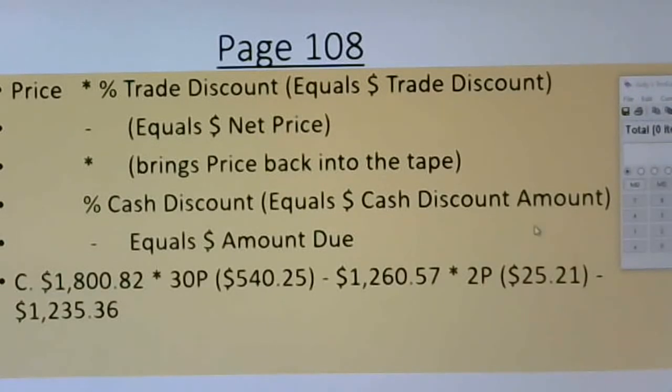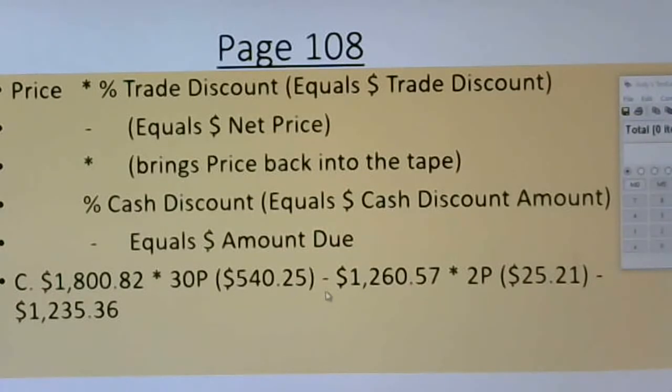So if you're looking on page 108, part C, $1,882 is the invoice list price times 30p to get the trade discount amount.